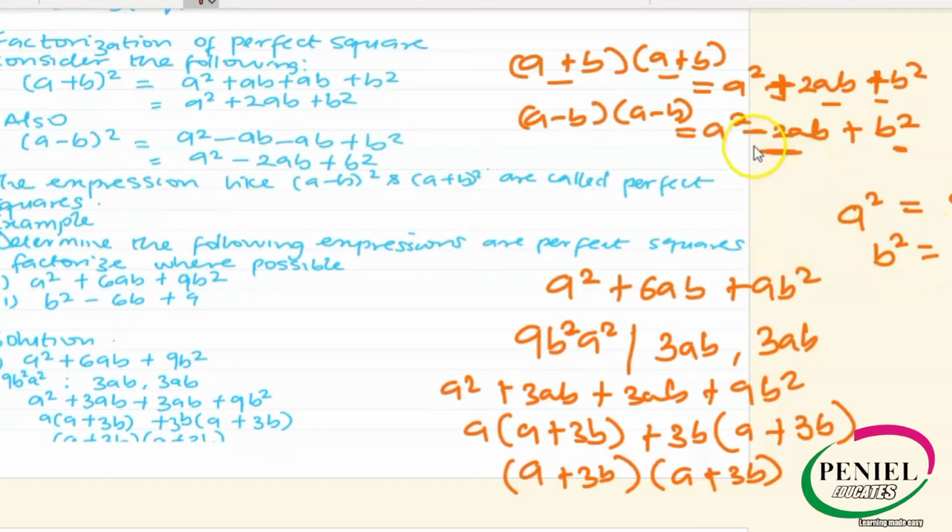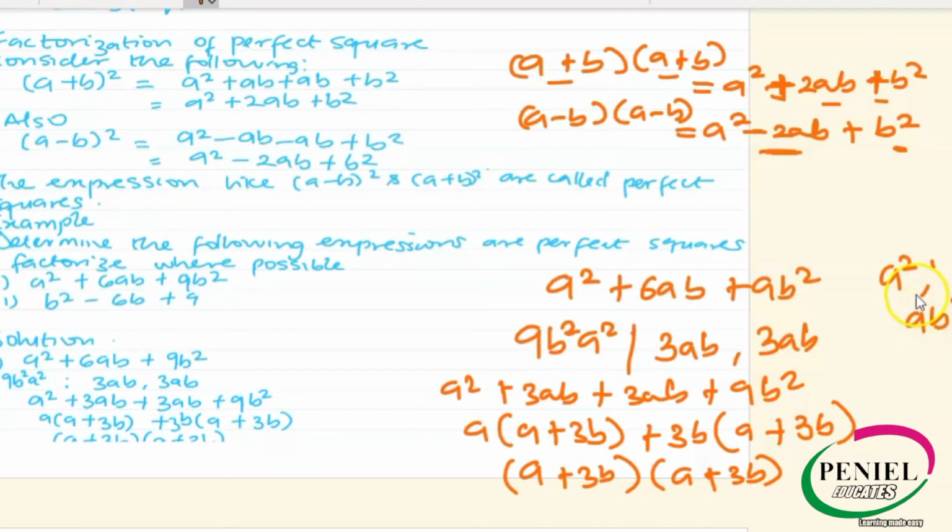So we can have plus or minus a, or plus or minus b. Then this middle one is twice the square root of this, twice a b. So in this particular one that we are solving, you will discover that the 2 terms that we have here are a squared and also 9b squared.